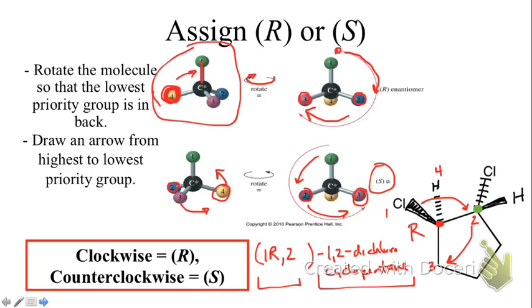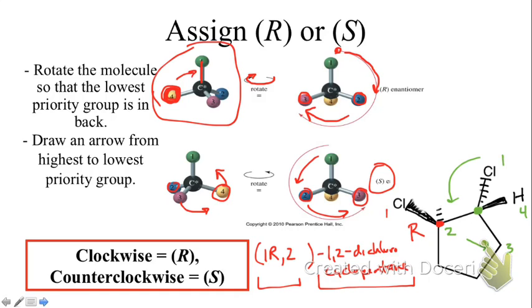Okay, so if we go through, let me erase all of that so it cleans up a little. We can go through and number again. We've got 1, 4, 2, and 3. One of the most common mistakes at this point is to say, okay, I'm here, 1, 2, 3, which would say I'm moving counterclockwise, and I'd write S. If you write S, you're wrong.